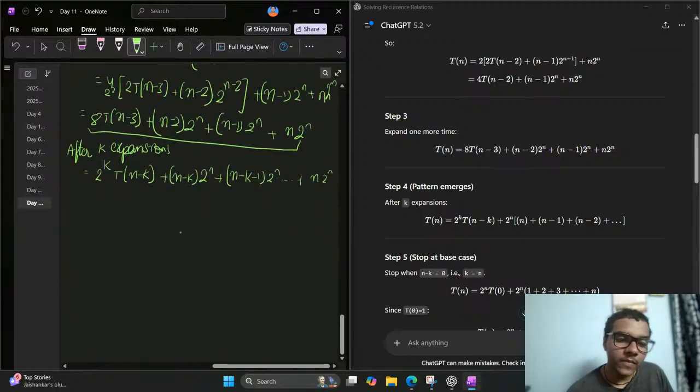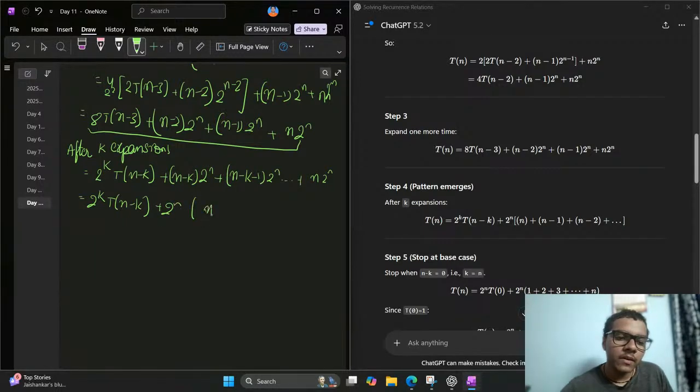So what can you do? 2 power k T(n minus k). If you take 2 power n common, n minus 1, something like this.